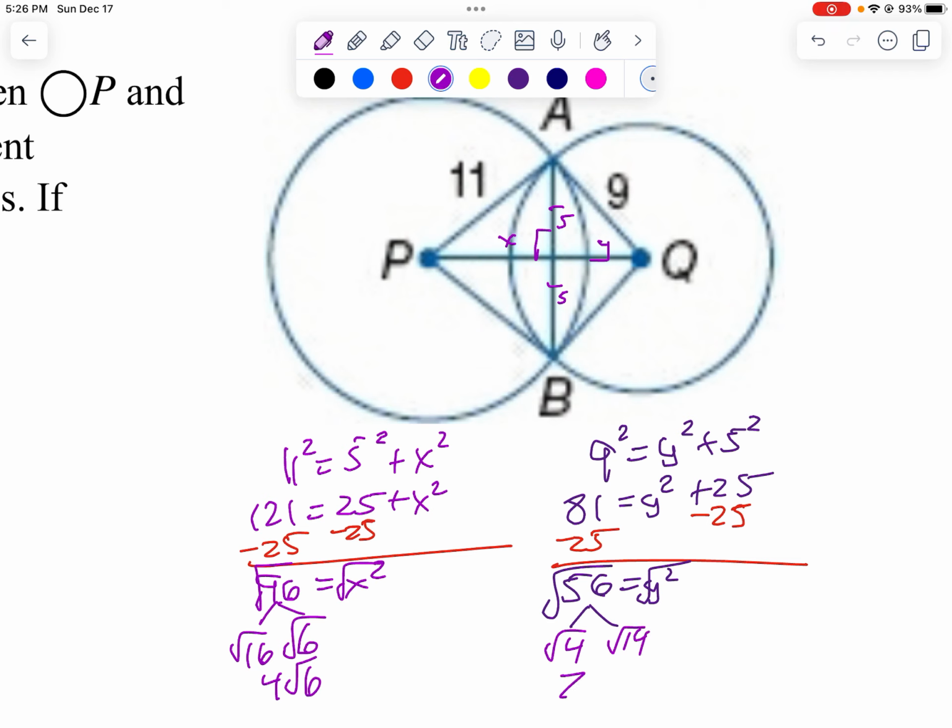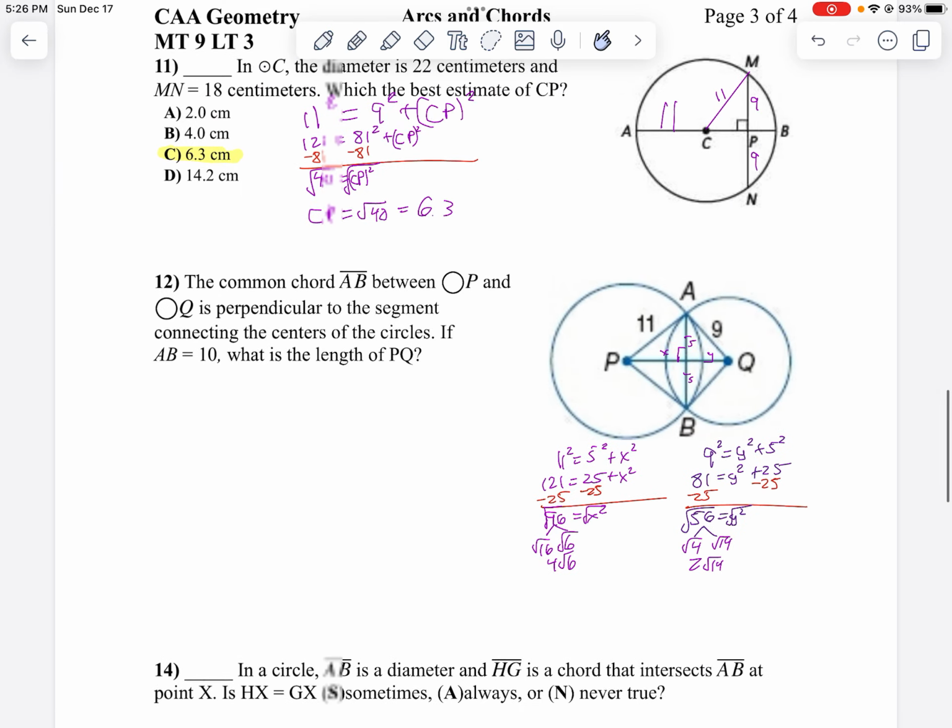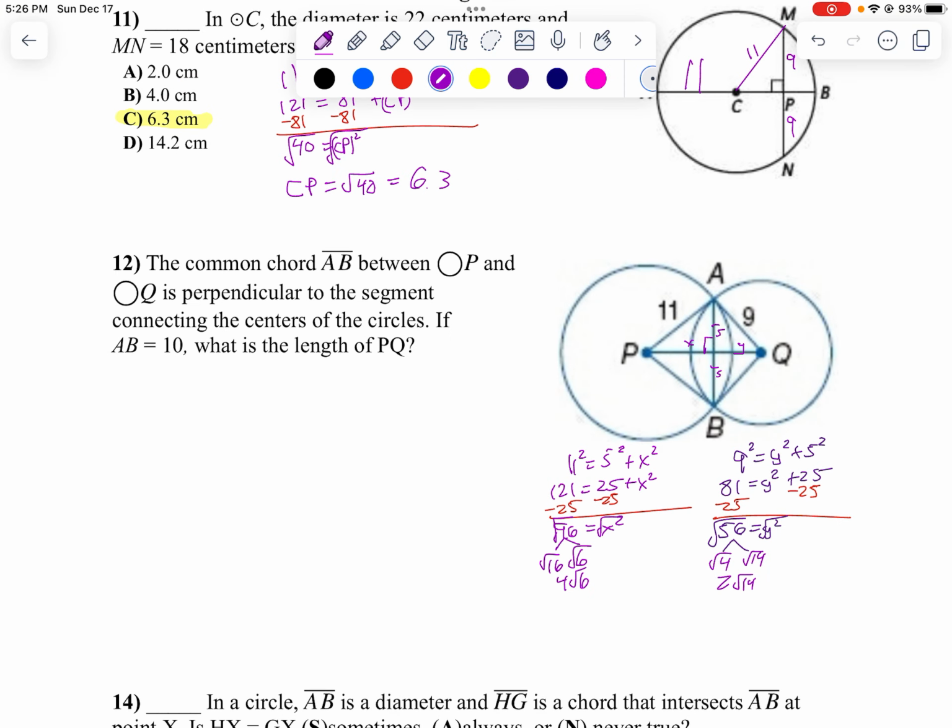And then I get 2 square roots of 14. So it says, what's the length of P to Q? Well, my exact answer is going to be 4 square roots of 6 plus 2 square roots of 14. And there is your exact answer.